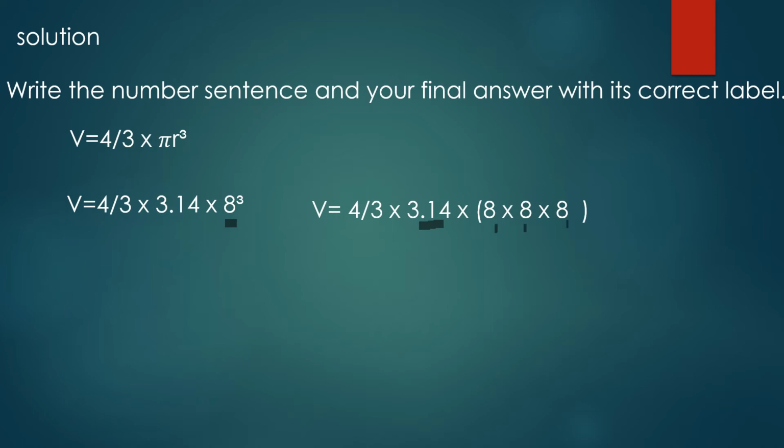So 8 times 8 times 8 is 512 multiplied by 3.14 times 4 divided by 3. So we have 3.14 times 512 is 1,607.68 times 4 divided by 3. No?